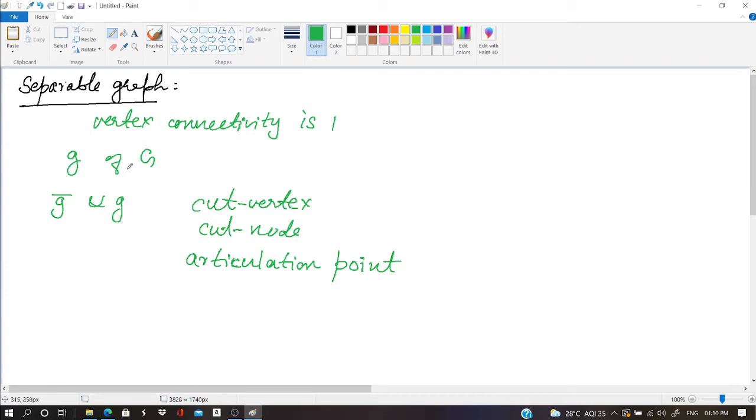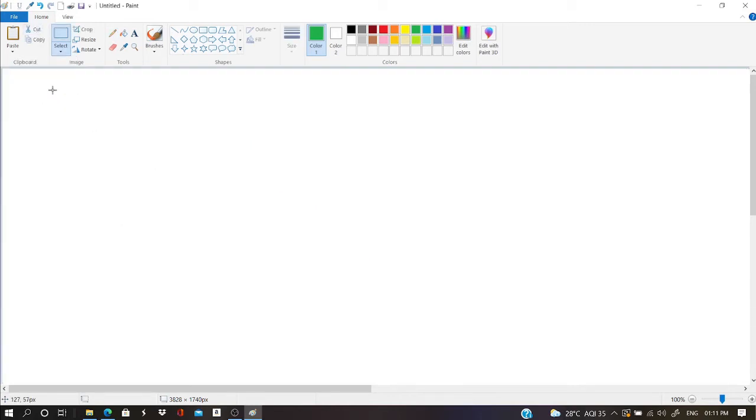Now we can move to the theorem. So you may note the statement. I will write this statement here. Only the statement, no need to study the proof here. Theorem 4.7.